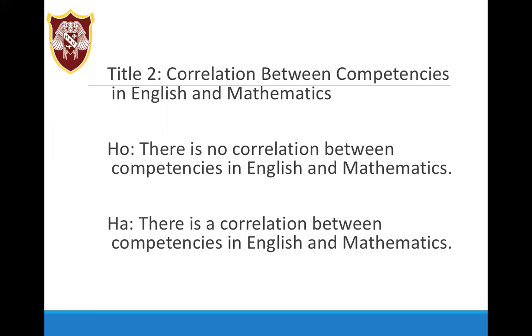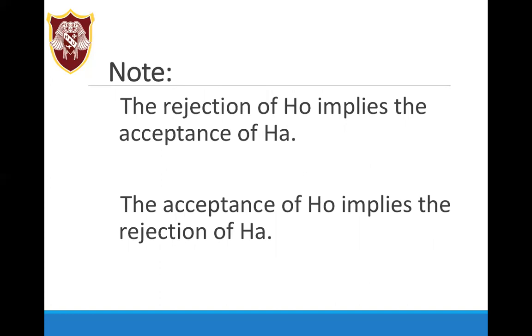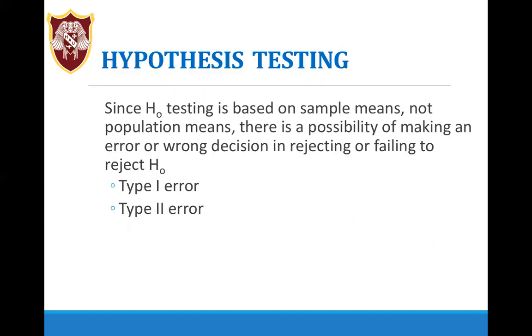To better understand hypothesis testing, let us discuss some terminology used in this process. Take note that the rejection of the null hypothesis implies the acceptance of its alternative, and the acceptance of the null hypothesis implies the rejection of the alternative hypothesis.